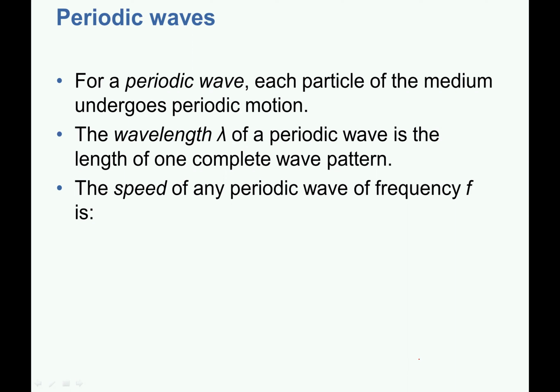But remember, we already know one thing about the speed, right? We know that speed is equal to distance over time. Now, let's assume that distance is one wavelength. How long does it take for the wave to propagate that one wavelength distance?